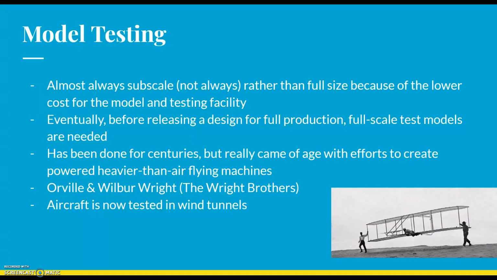This has been done for centuries, model testing has, but it really came of age with efforts to create powered, heavier than air flying machines, which brings us to talk about Orville and Wilbur Wright, also known as the Wright brothers.